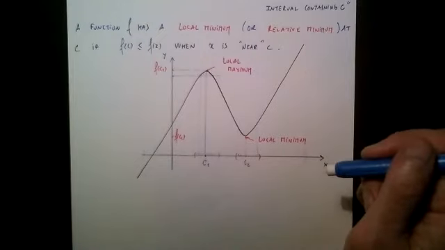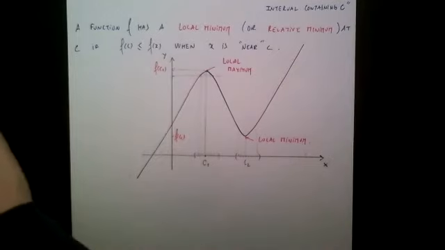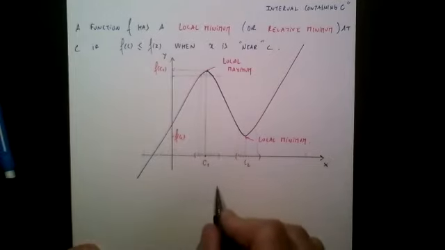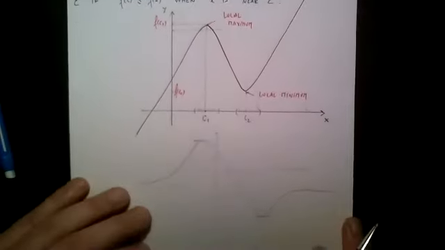Horizontally, like it doesn't keep going. No, because I could have a function like this. Let's say I have an asymptote here, it goes up, goes on, and then I have another asymptote here. Here I have an absolute max, absolute min, and it still goes on forever.